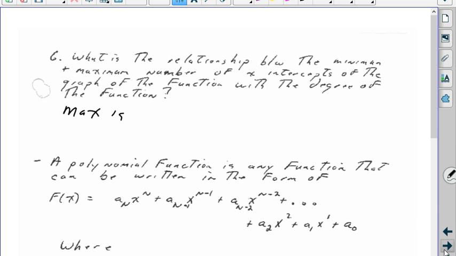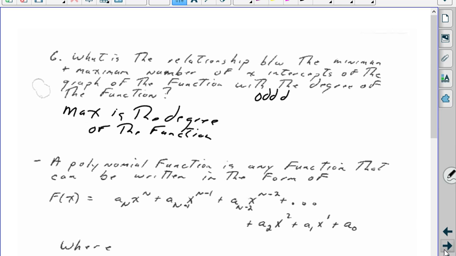Maximum is the degree of the function. So if I have a 10th degree function, I could have up to 10 x-intercepts. The minimum depends upon if it's odd or even.